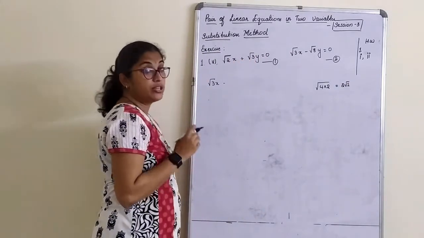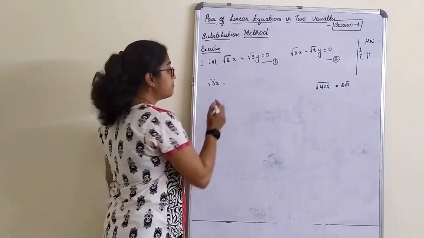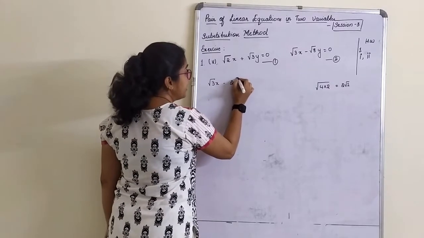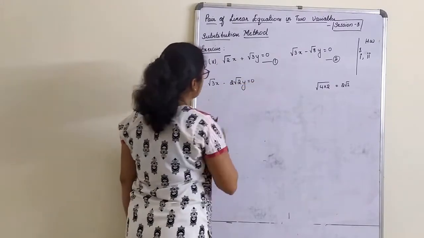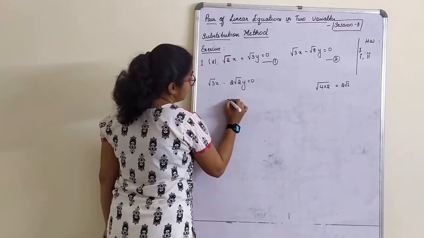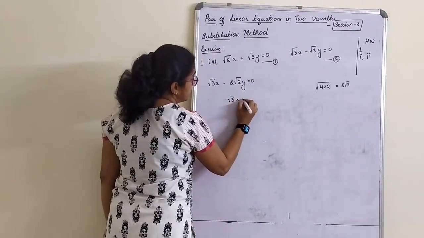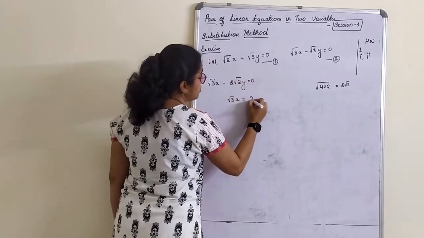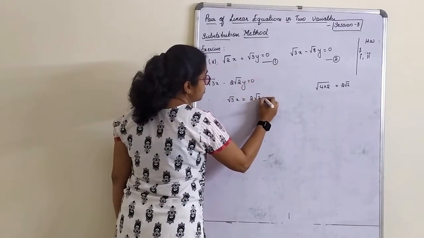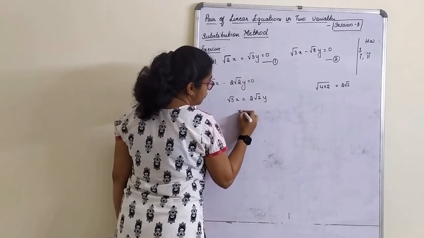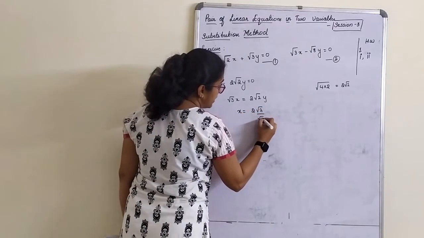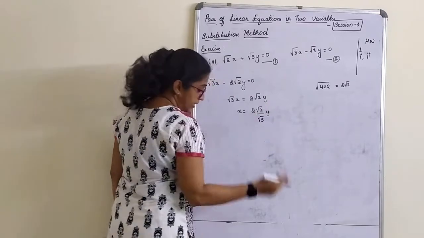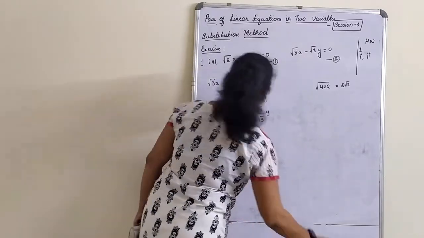Whenever you have such numbers, we try to split them and write in the simplified form. Root 8, I will write it as 2 root 2y is equal to 0. So root 3x is equal to, transposing to the other side, 2 root 2 y. Therefore, x is equal to 2 root 2 divided by root 3 y. Right? We got it here.